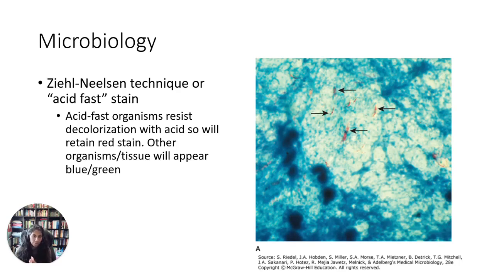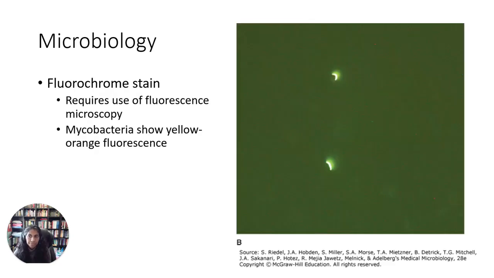So it remains red, the rest of the tissue releases the red stain, and then the rest of the tissue is stained blue. The mycobacteria don't pick that up, and so they appear red among a background of blue, which is what you can see here. You can see the red mycobacteria as shown by the arrows.